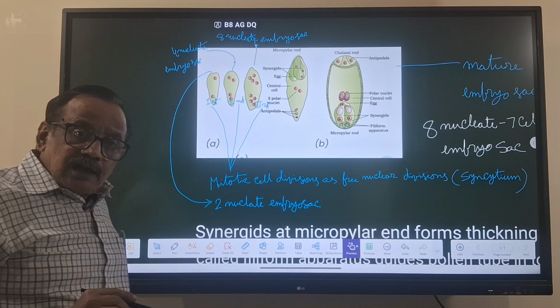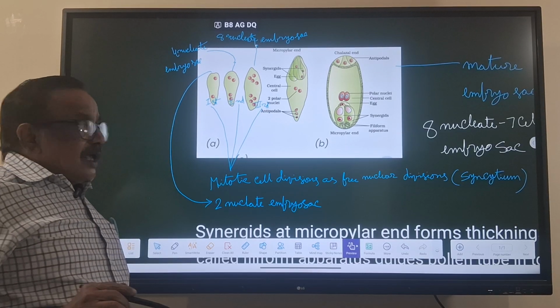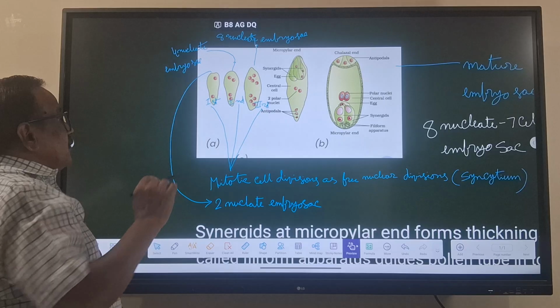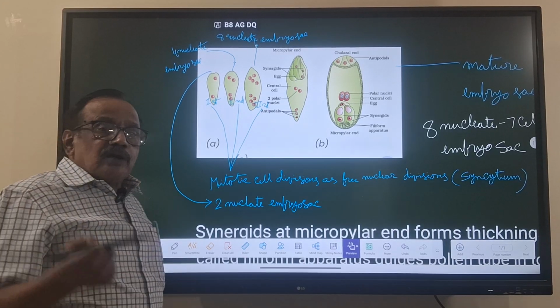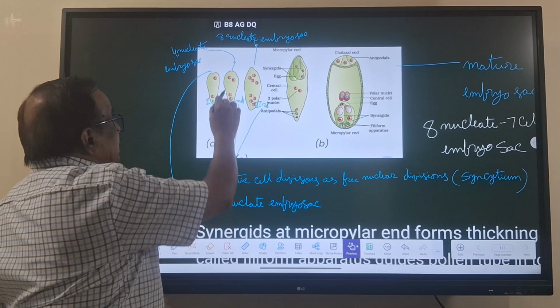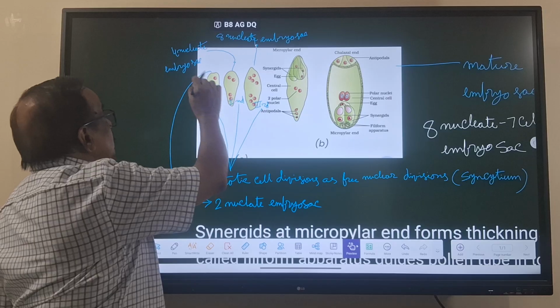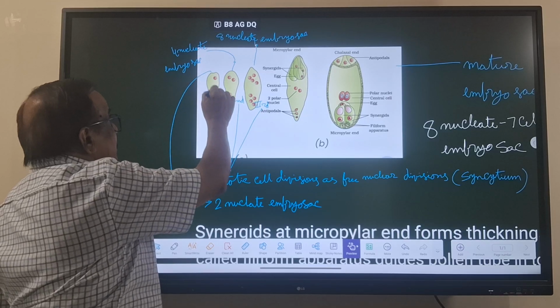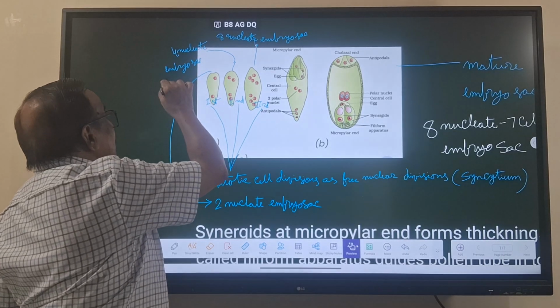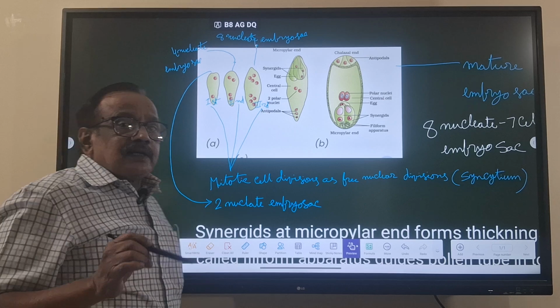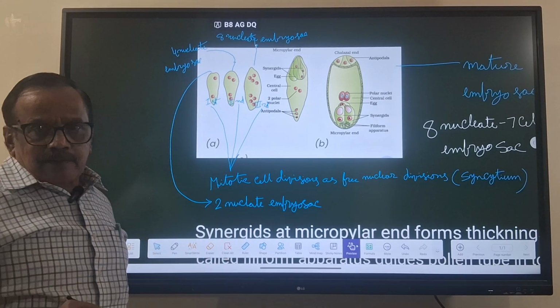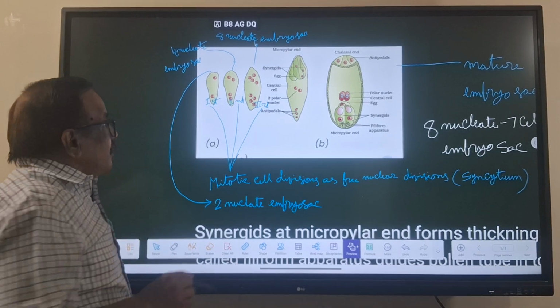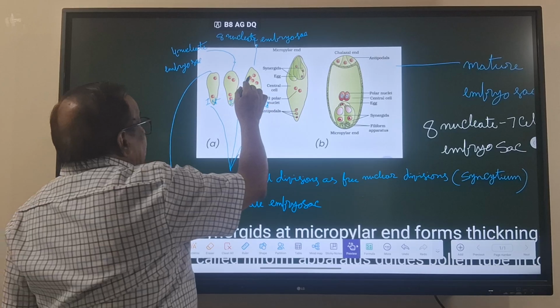After reaching the opposite poles, they do one more mitotic division, and each one forms 2, so a 4 nucleate embryo sac. The first one he has written is a 2 nucleate embryo sac. Now each pole, how many are there? 2.